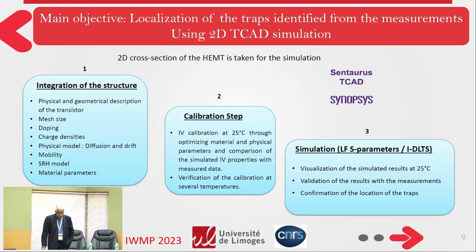In order to understand or to see the localization of the traps, we use 2D TCAD simulation. A 2D cross section of the HEMT is taken for the simulation. First, the physics models and material parameters are defined for the device simulation. Then the first step is to make the calibration setup.